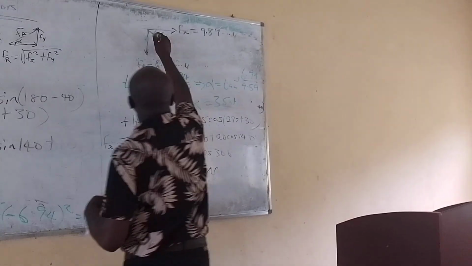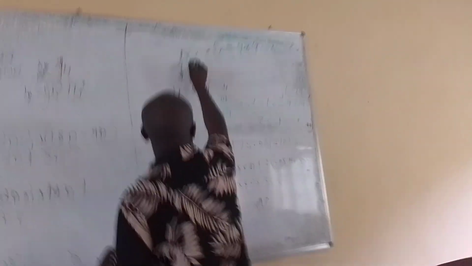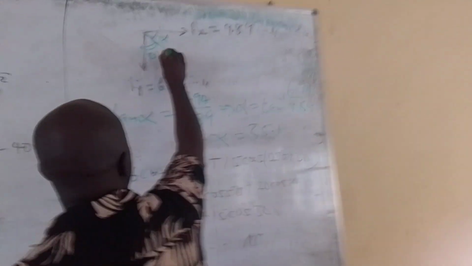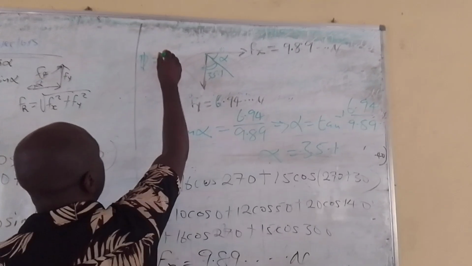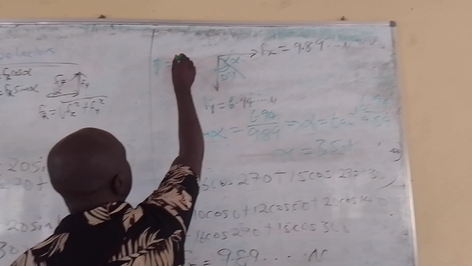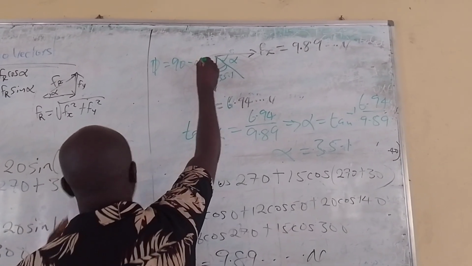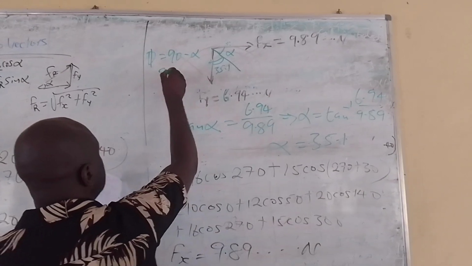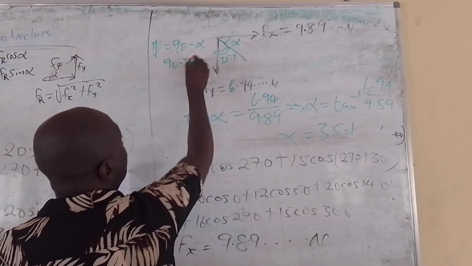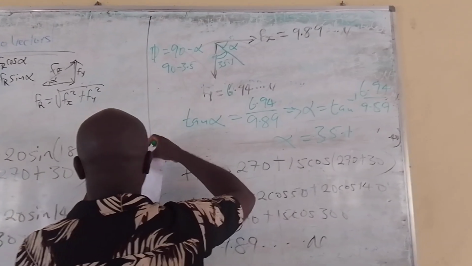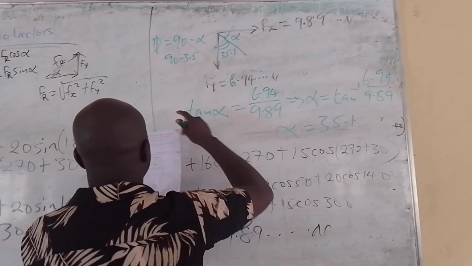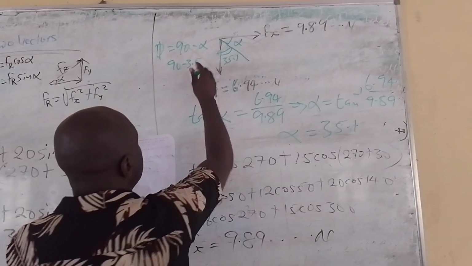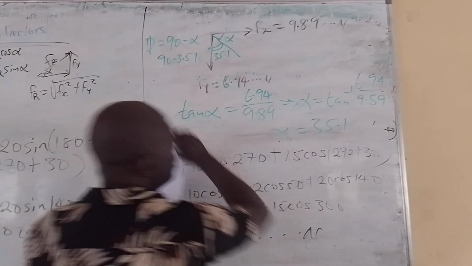So it means that this angle will now be 35.1, okay? Assuming this other angle is phi, you can now say phi is equal to 90 minus alpha, which is 90 minus 35.1.